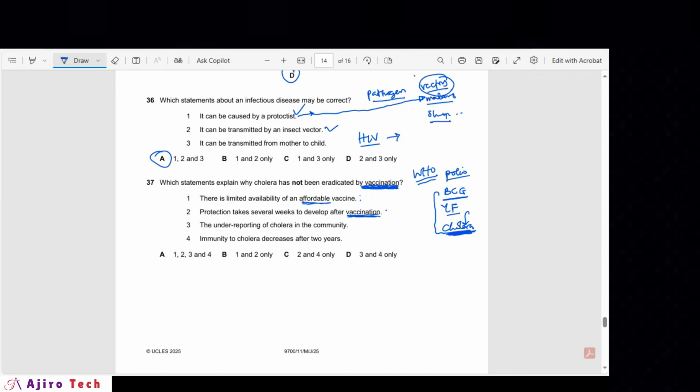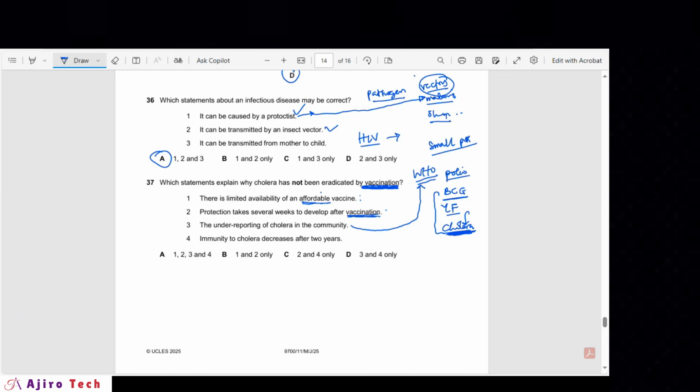Let's keep this. Now, the underreporting of cholera in the community: WHO needs active surveillance, fed with information from active surveillance, to be able to eradicate the disease. For instance, the WHO has been able to eradicate smallpox by vaccination because there were available vaccines, no limited availability of vaccines.